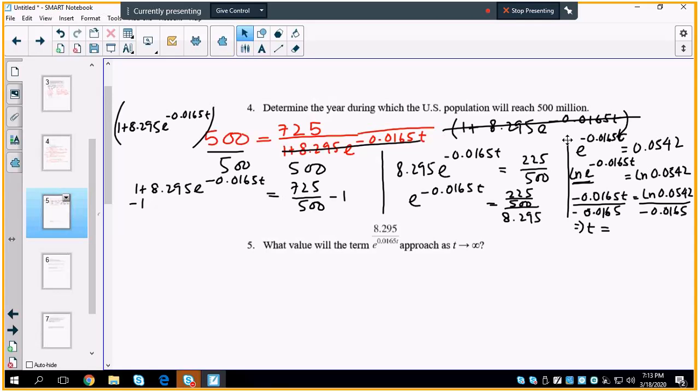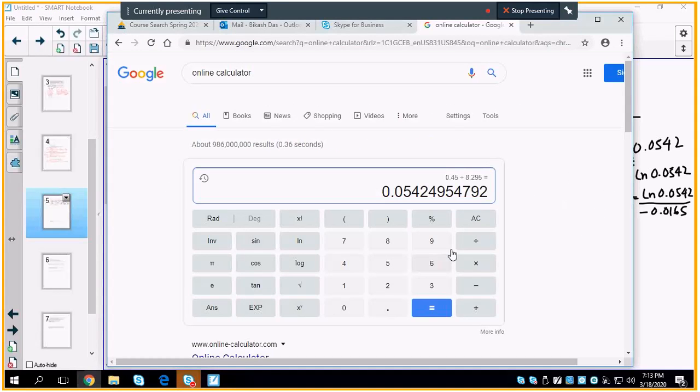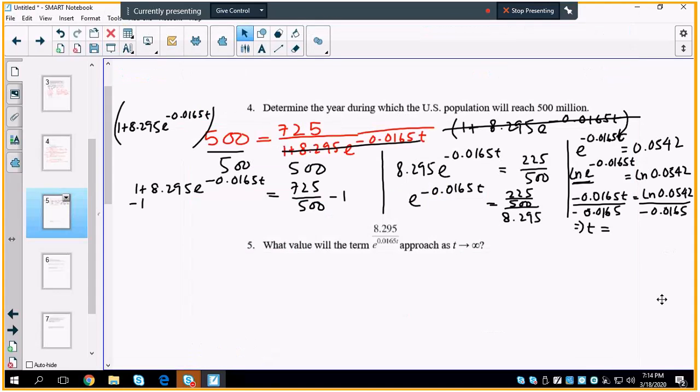I have natural log of 0.0542, and then I'm going to divide this quantity by minus 0.0165, round to the nearest whole number. So that will be 177. So it is around 177 years from the 1900s.